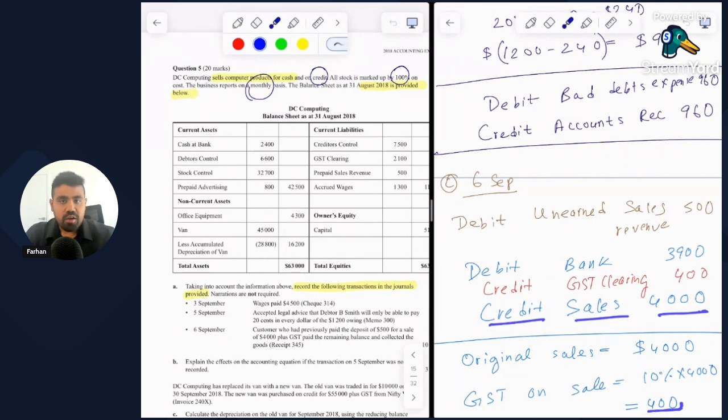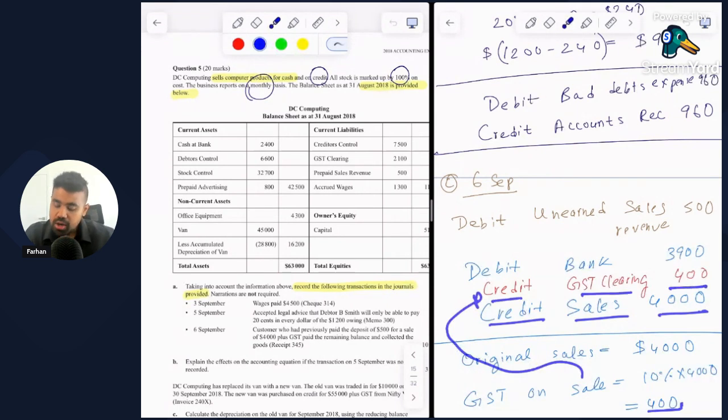And on the debit side of the GST clearing account, we show all the GST payments, which essentially reduces our obligation that we have with the ATO. Now, because this GST clearing of $400 is relevant to the sales that we have made, it increases our obligation, right? And when our obligation or liability goes up, we credit it. So that is what we're doing here. So we're crediting GST clearing by $400.